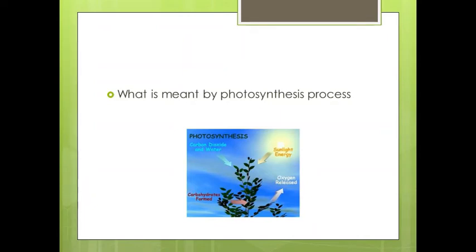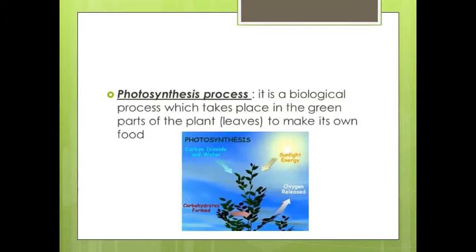So now the plant is breathing, right? It is taking carbon dioxide and giving us oxygen gas. So the definition of photosynthesis process: it is a biological process which takes place in the green parts of the plant to make its own food.